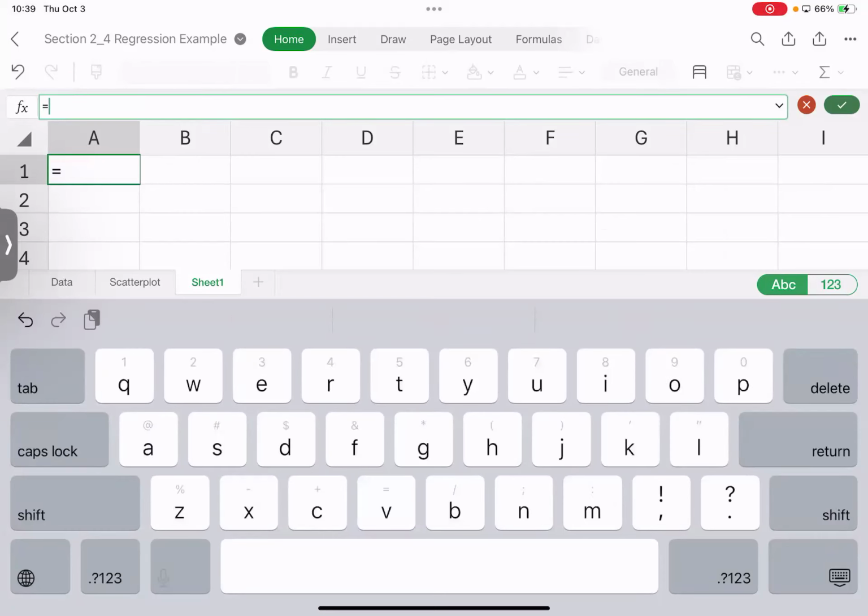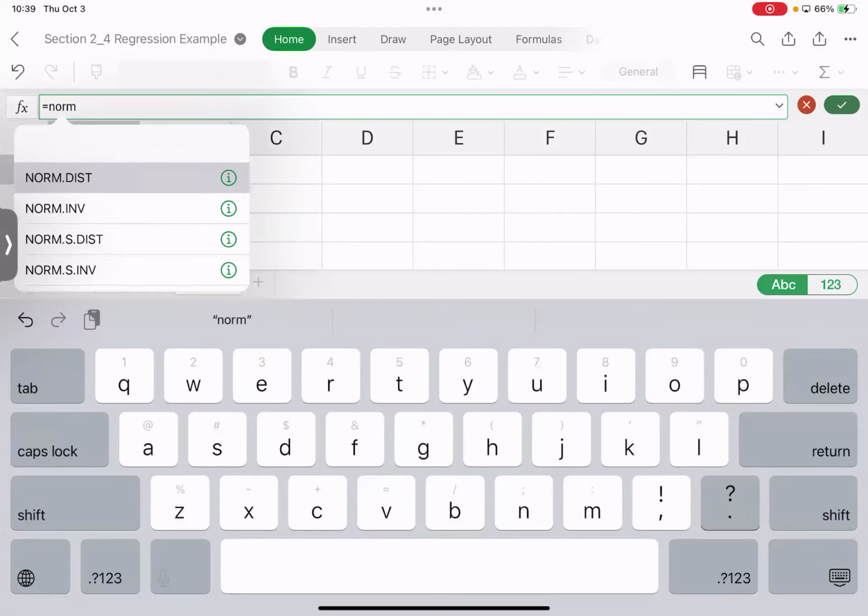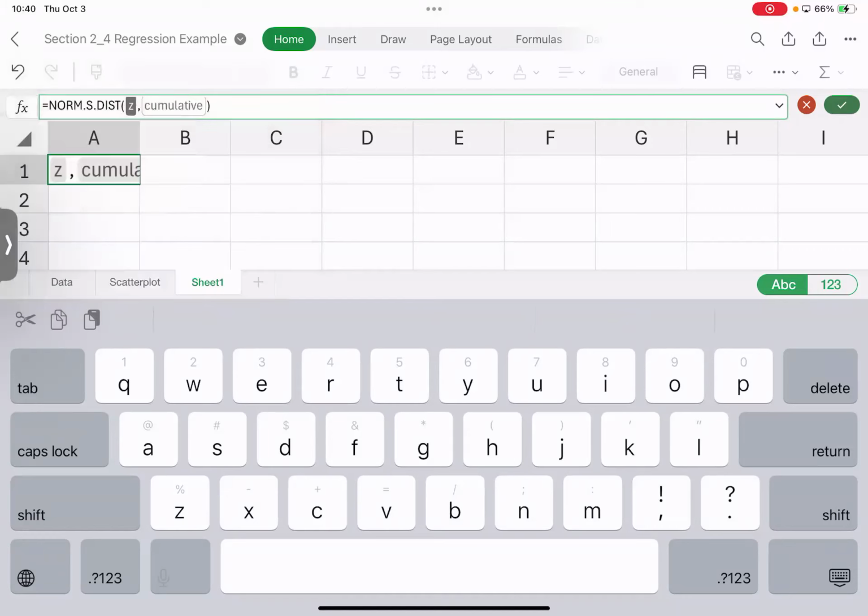Equals norm dot, and then it gives me all the options. It's going to be norm.s.dist. Now, I don't really remember all the commands. That's not what this is about. You can always Google your way to it, or if you have a jumping off point, like oh, it's a normal distribution, maybe it starts with norm. Oh yeah, that sounds familiar. And then just kind of talk yourself through them and say, okay, well, we're just going to use the norm.s.dist because it's a sample.